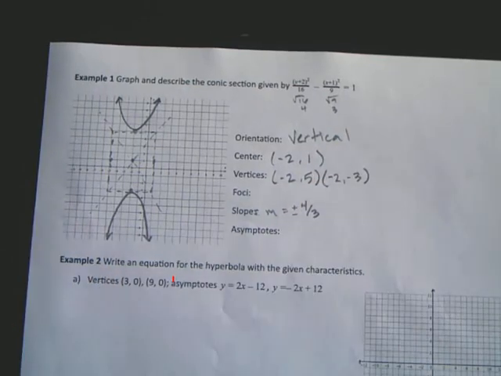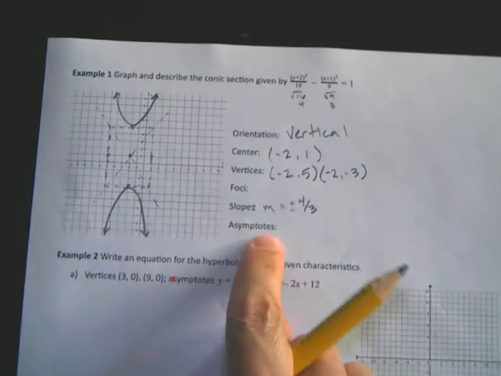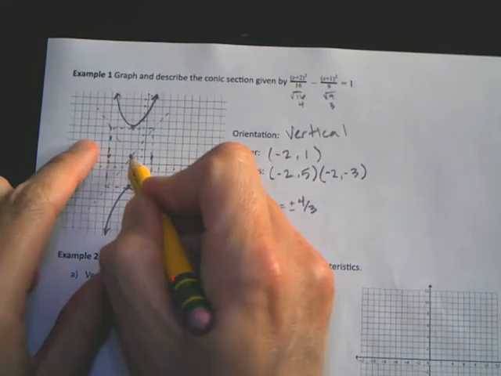Okay. Now this allows us to find the actual equations of our asymptotes. We know it's going to go through the center, this coordinate point, and we know it has this slope.